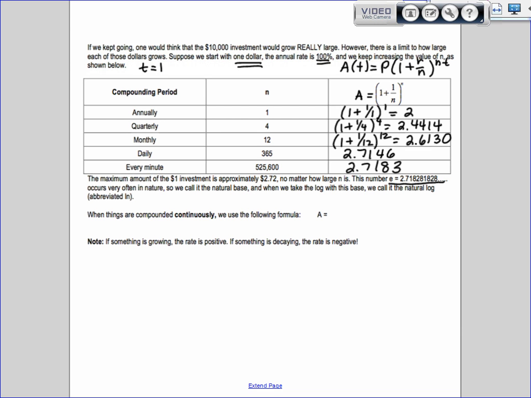Yes. So E is a number. But we do use it a lot in nature. All right, so anyway, C is the speed of light. That's used in that formula. This is why in algebra we always use X, because a lot of these other variables have numbers associated with them.